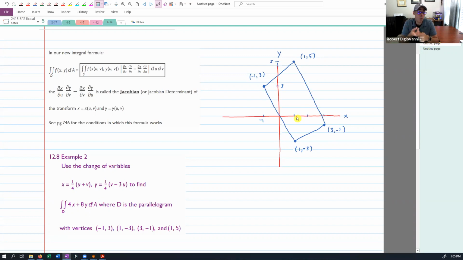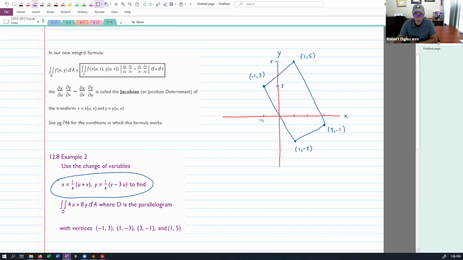It's not a type 1, and it's not a type 2, and it's not a polar region. Now you could try to break it up into a couple of different regions where each one would be maybe type 1 or type 2. You could do that. But we're going to transform this region under this change of variables and see what it becomes.